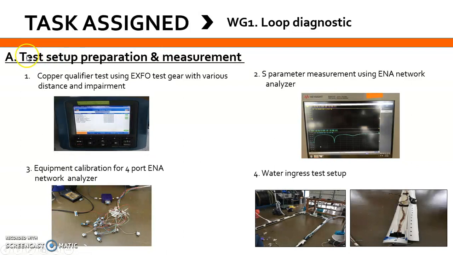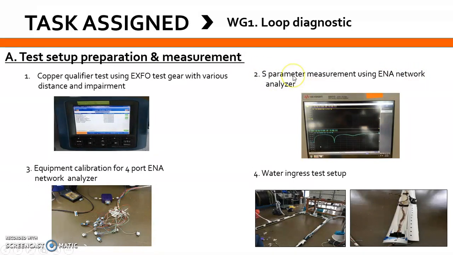The first part I got involved with is the test setup, preparation and measurement. I got involved in using the copper qualifier test gear using the S4 with various distances and impairments. This shows some distance, some attenuation, some effect from the copper cable impairment for the experiment. Next, I also got involved in the S parameter measurement using the ENA network analyzer.